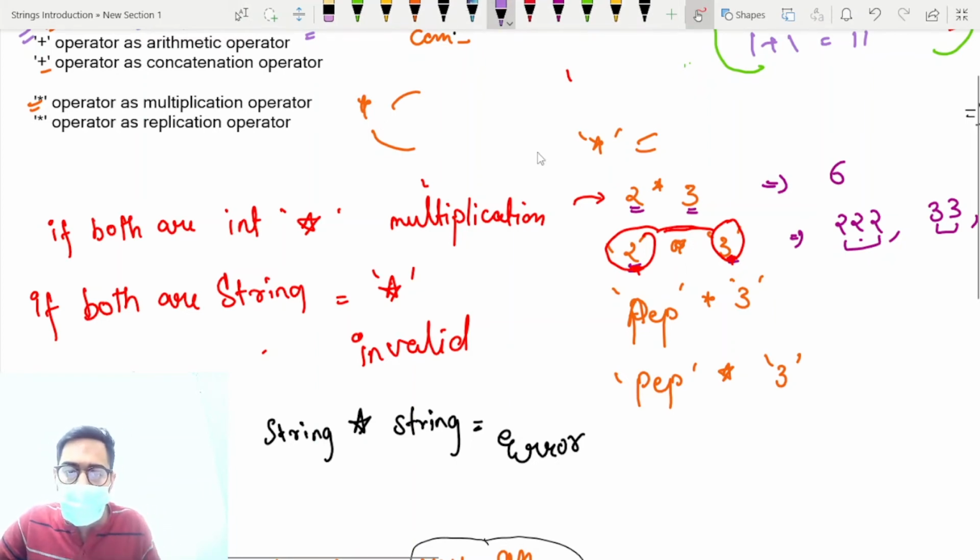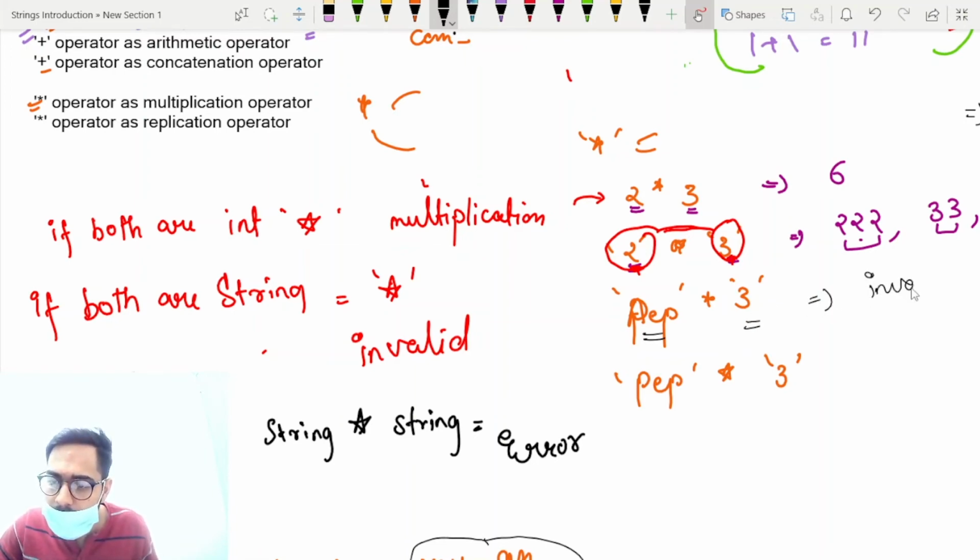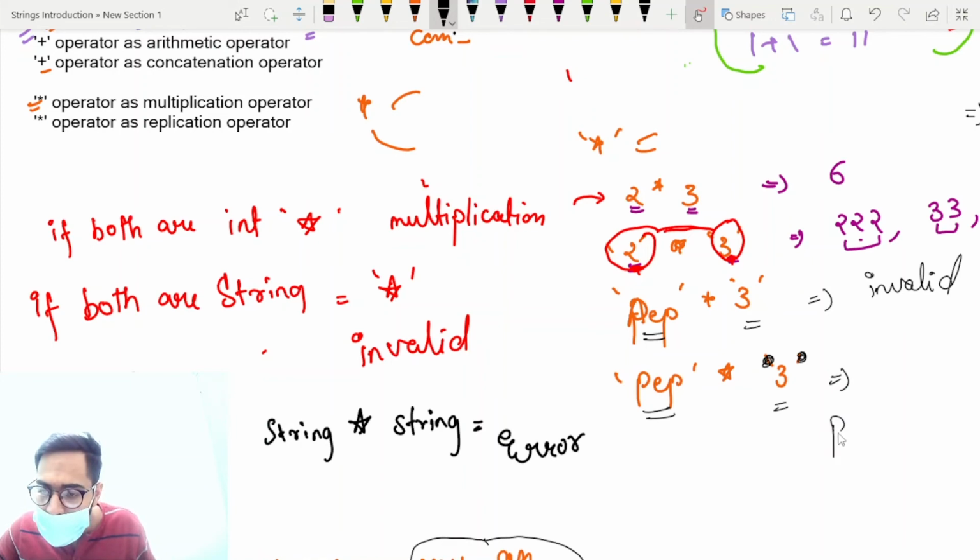Now let's look at our third expression, that is when a string gets multiplied with an integer. Right now we saw that string by string will be invalid. Again, a string gets multiplied by, consider this as an integer, 3 is an integer, then what will be the output? That particular string will get repeated thrice.